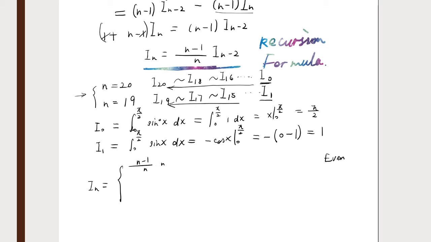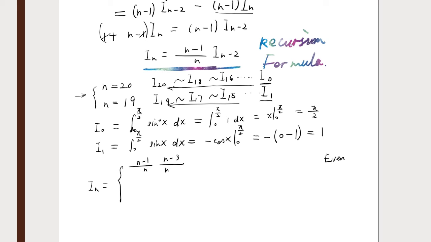And this can be further written down with n minus 3 over n minus 2, the same thing. So blah, blah, blah. Finally we can have something like this. Because n is an even number, when n minus 2, minus 4, minus 6, finally it's going to be 2 left. On the top, because n is an even number, when n minus 1, minus 3, minus 5, all the way to the very end, we're going to have 1 left.